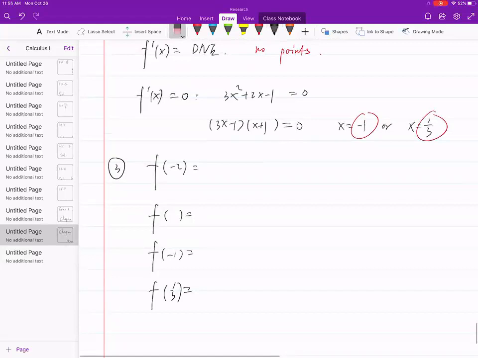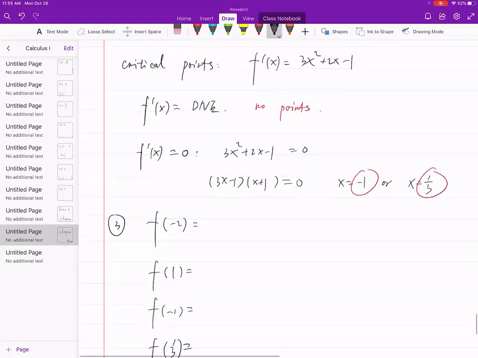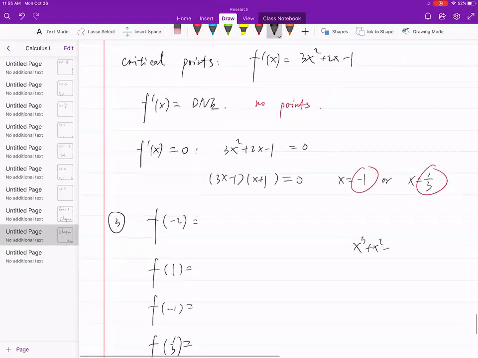This is 1. Well, x cubed plus x squared minus x.